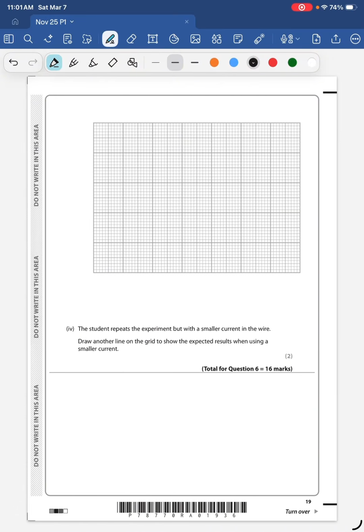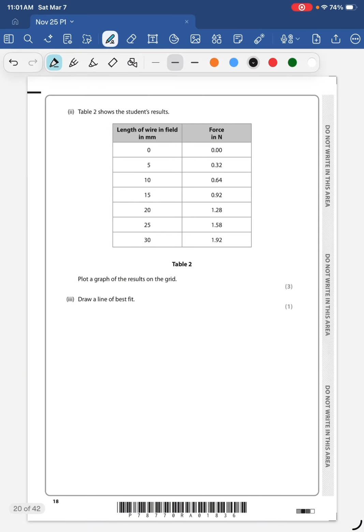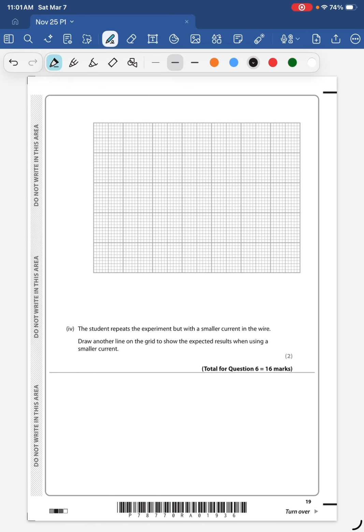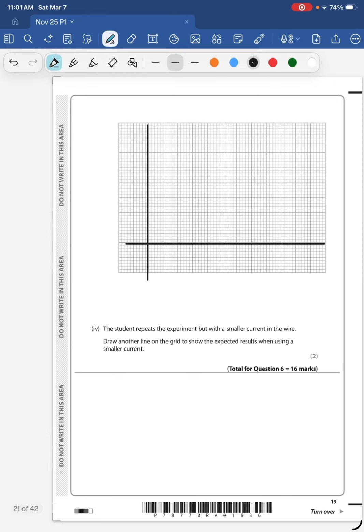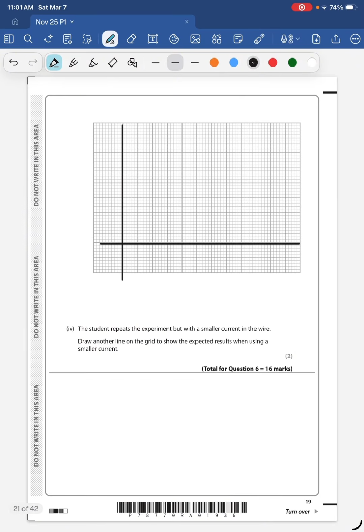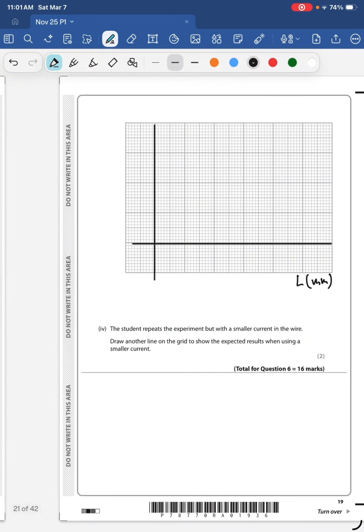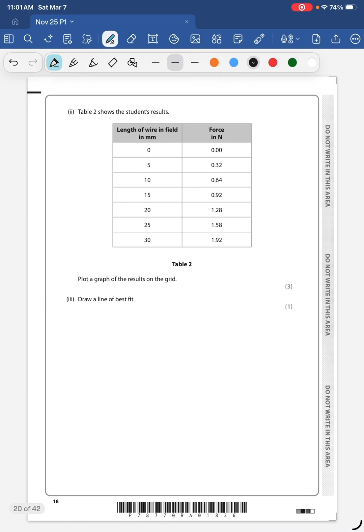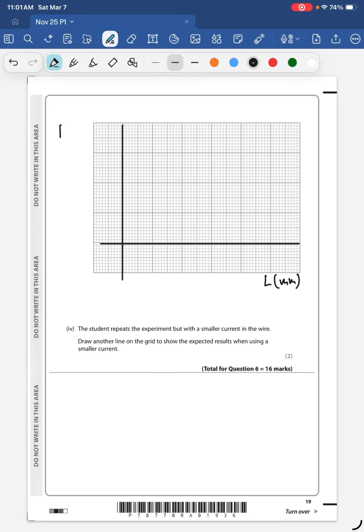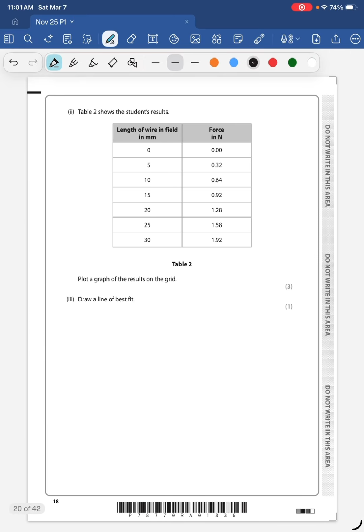So we have the vertical axis for the force, and horizontal for the length. The length is in millimeters, and the force is in newtons. The length goes in nice increments of 5.